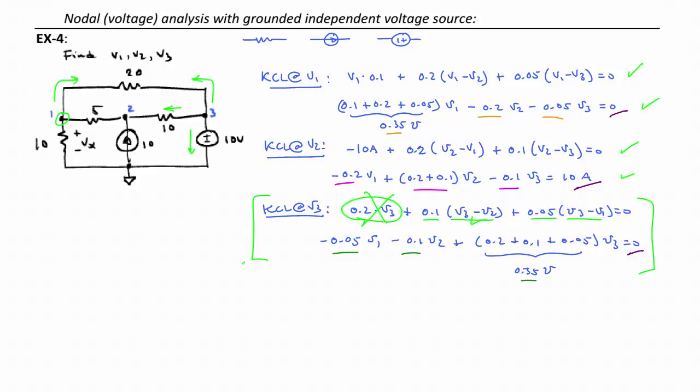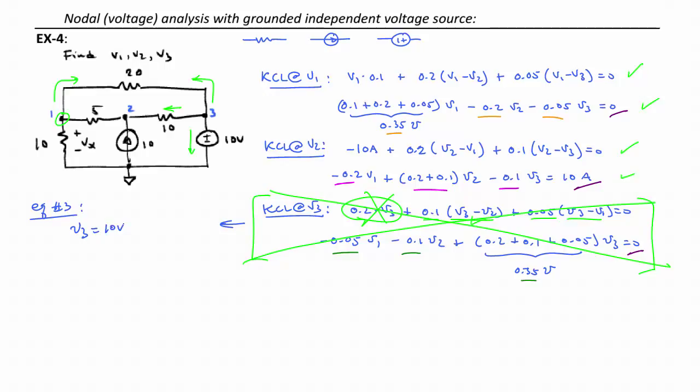And so this last equation is not needed, and we can't even write it, because there is no V3 to be solved for. We could say our third equation, equation number 3, if you will, is that V3 is equal to 10 volts.